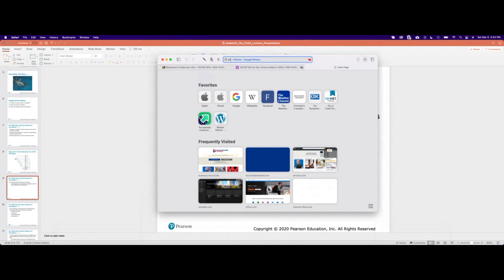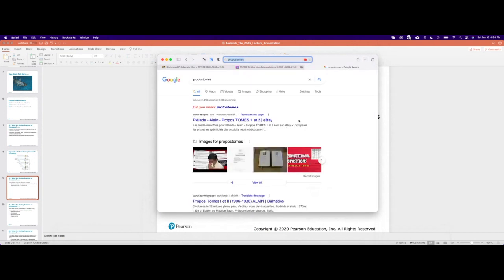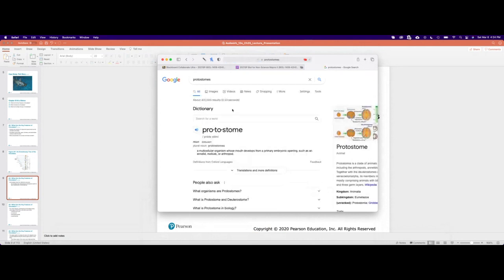And so if we type in protostomes, kind of a confusing one. Okay, not even anywhere clear. It's interesting because, well, we have two holes. We have a mouth, and then we have what comes out the other end, the anus.